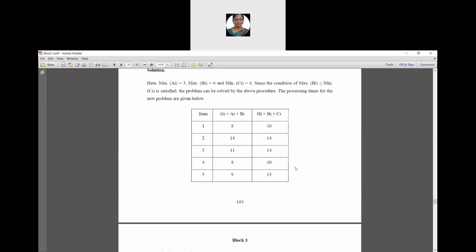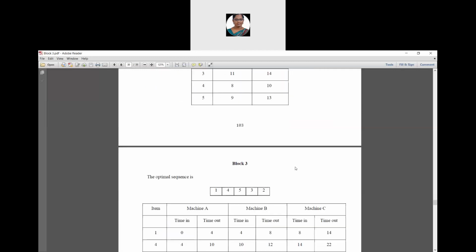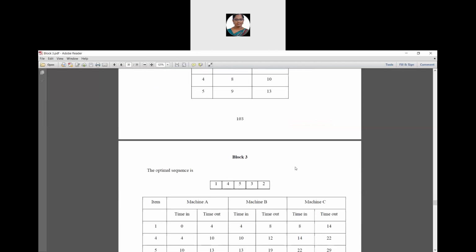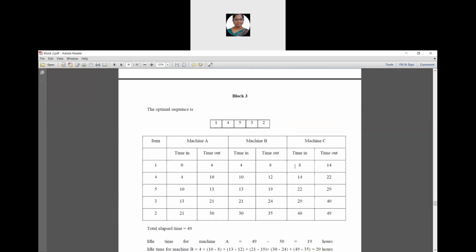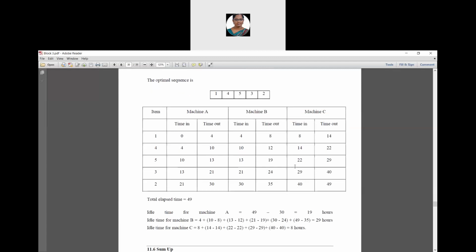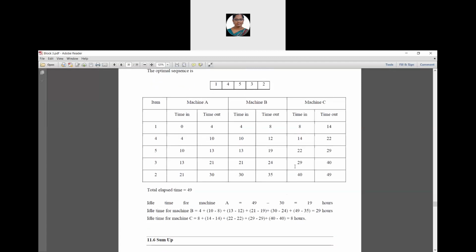Then we are going to find the optimal sequence. It is 1 4 5 3. After that we are going to frame a table. In that table, we have to calculate in and out values for all the machines. Then the total elapsed time is the last machine's last out value, that is 49.